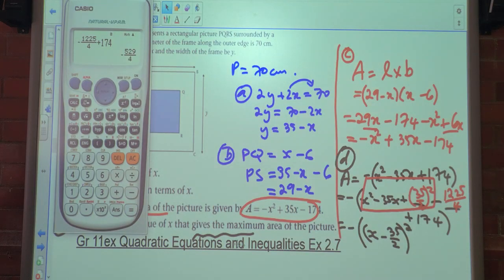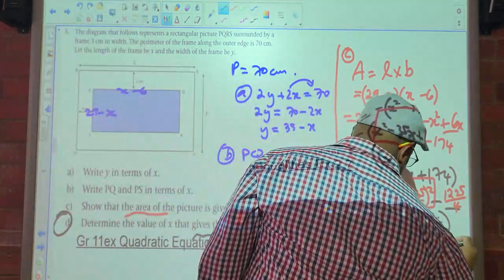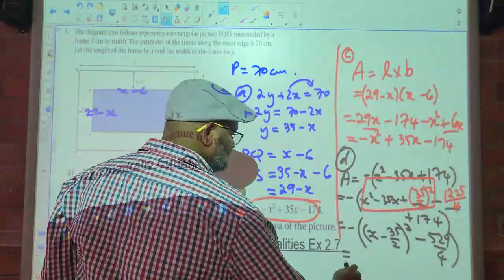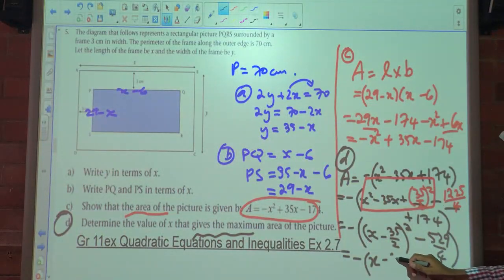This is an answer of negative 529 over 4. So what do I do now? Multiply the negative in, so it's negative into x minus 35 over 2 squared plus 529 over 4.